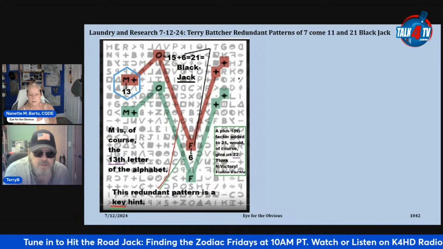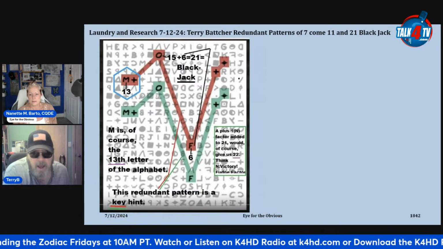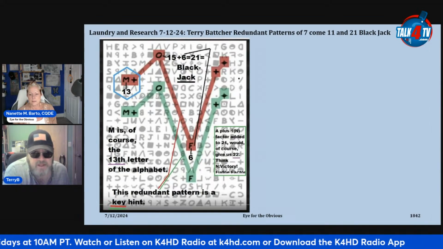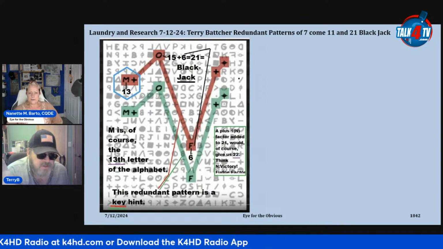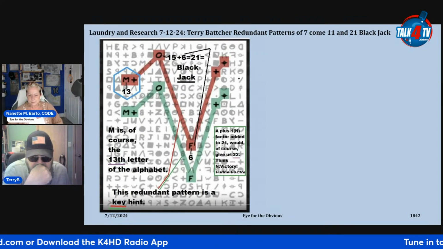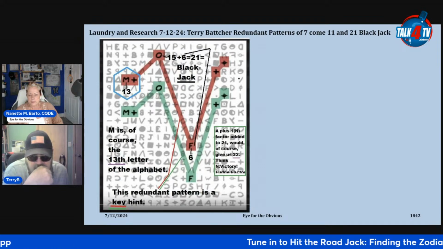So there's a foundation for this. But anyway, I added the 15 to the 6, and you get 21, and we have that blackjack, or we have another one of his infamous, what do you call it, his gambling hints.